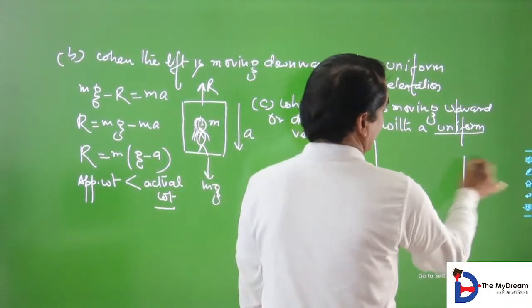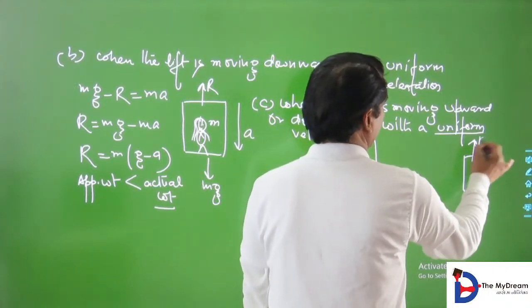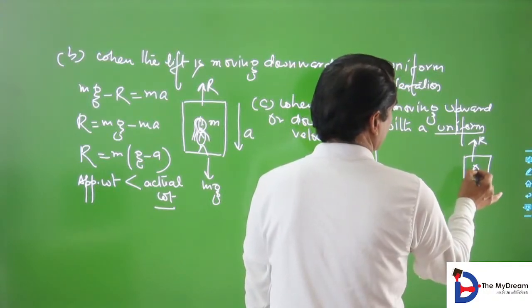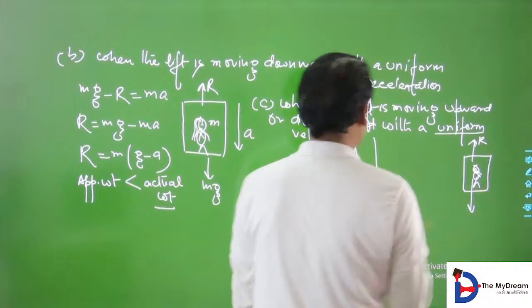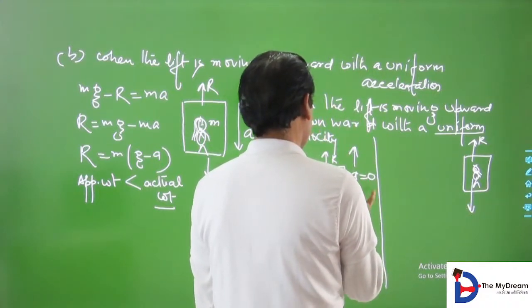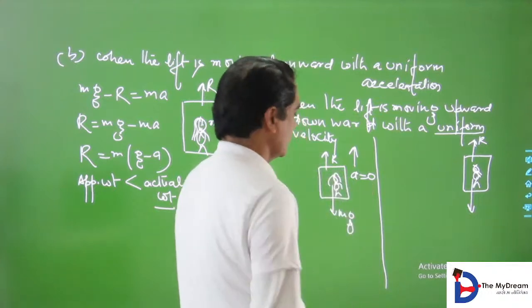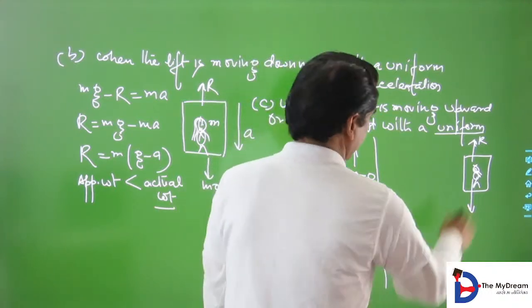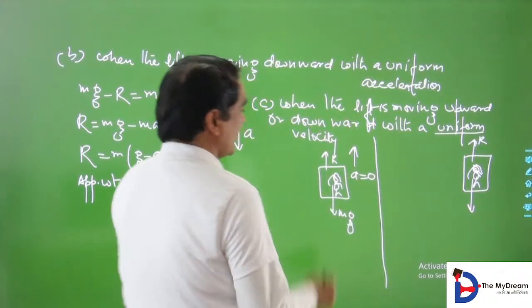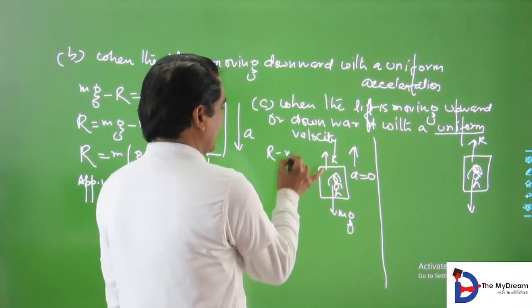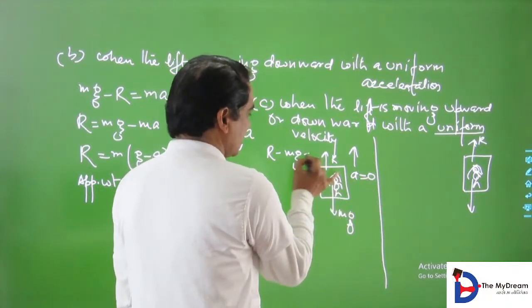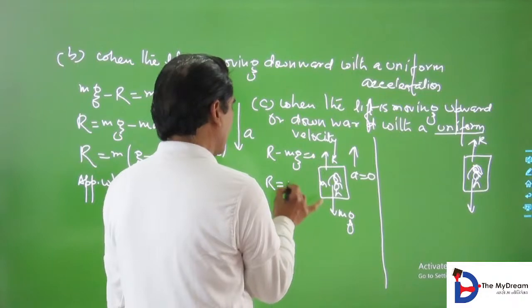Now R minus mg is equal to ma, but a is 0, so R is equal to mg.